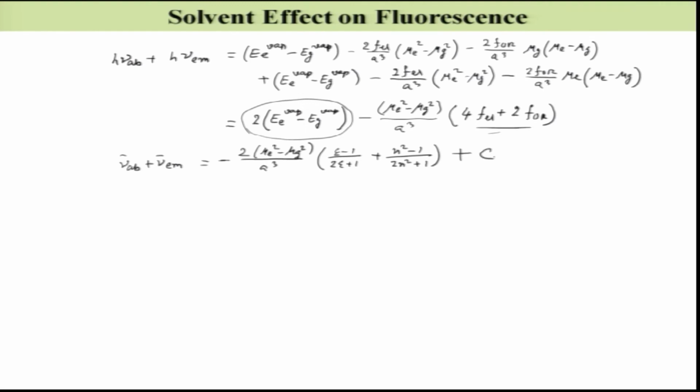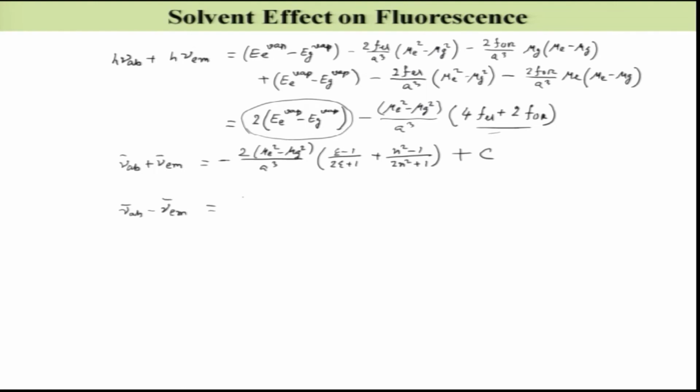So, it means that the dependence of nu bar absorption plus nu bar emission, that sum, is like this. I can also write nu bar absorption minus nu bar emission once again over here, let me write.